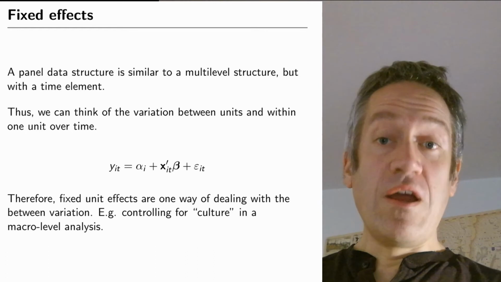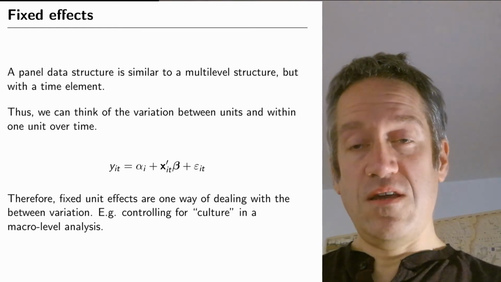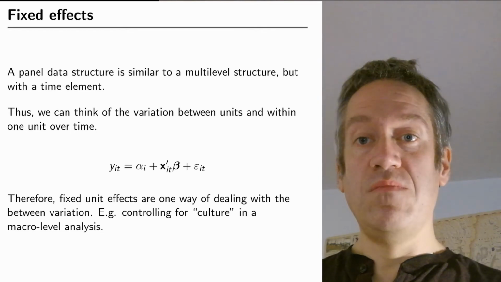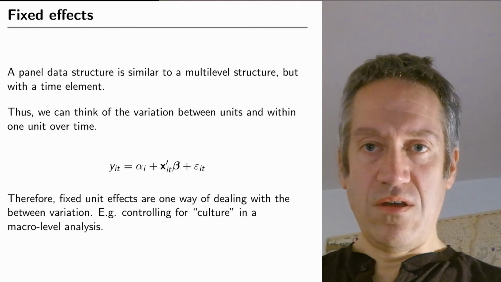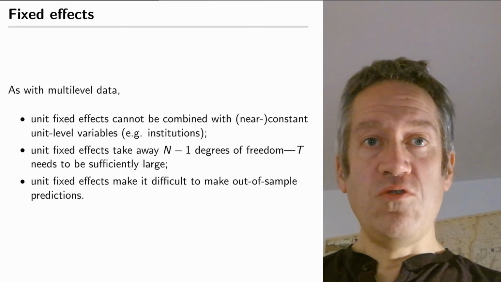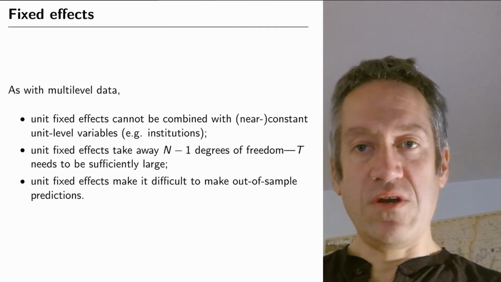If you are interested in between unit variation, or you are interested in independent variables that do not vary over time, for example many institutional variables, then fixed effects are going to cause problems. So unit fixed effects cannot be combined with variables that are constant over time or nearly constant over time.